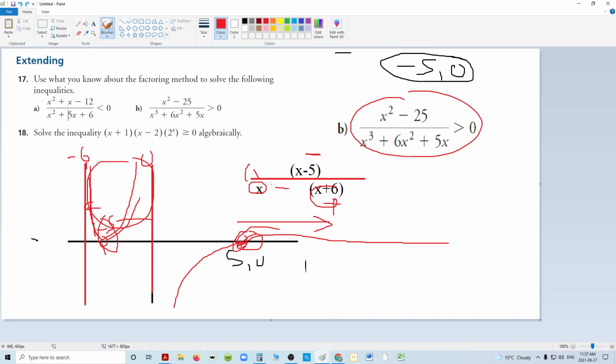So let me just make sure. At minus 1, this is a minus. Minus 1, this is a minus. And at minus 1, this is a plus. It wasn't x plus 6, though. That wasn't one of my factors down below.